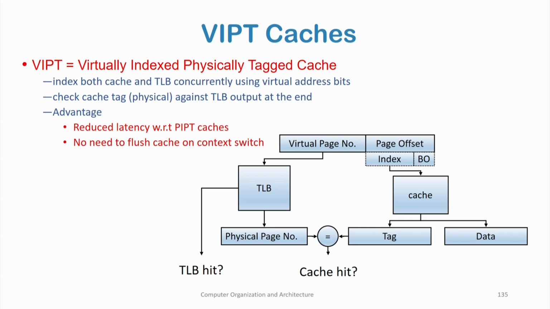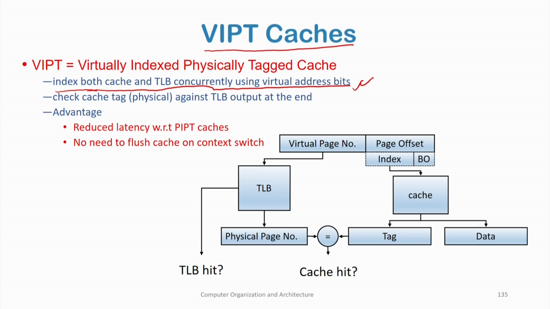Now, to handle these problems while keeping the advantage, people looked into virtually indexed physically tagged caches. In this, both the cache and the TLB are indexed concurrently using virtual address bits.